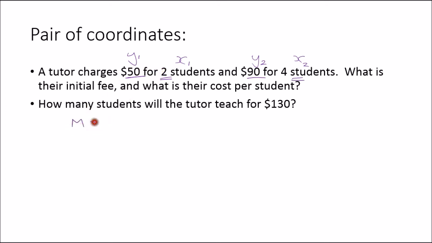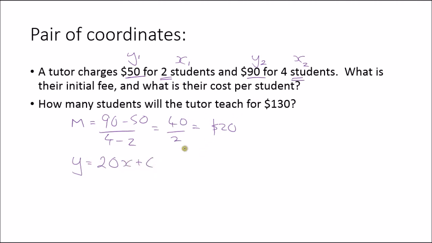So firstly, calculating my gradient, so y2 90 minus y1 50 over 4 minus 2, and I get 40 over 2, so I get $20 per student is my rate of change, or my gradient. So what is the initial fee, sorry, which is going to be the y-intercept? Well, I'm going to write down what I know so far. I'm going to choose a coordinate to use.